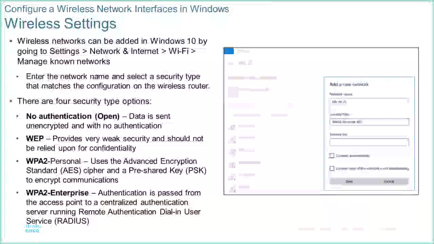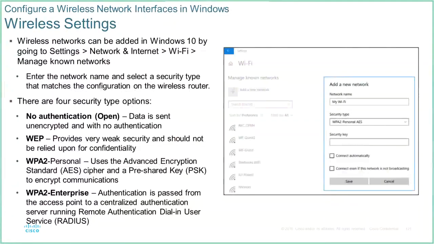Then you've got the various security types. Then WEP, which is Wired Equivalent Privacy, is the very basic one. Do not use. Then you have the various WPAs 1, 2, and then personal or enterprise.